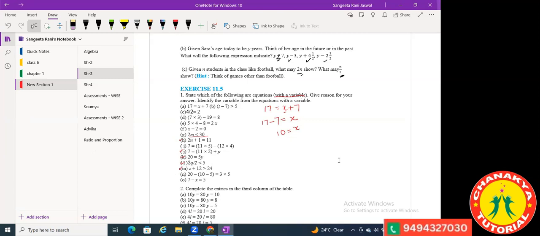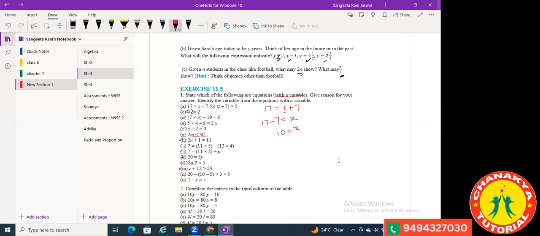Hridesh, you tell me, is this an equation? M part, Z plus 12 is greater than 24. Is this an equation? I'm asking, is this an equation?